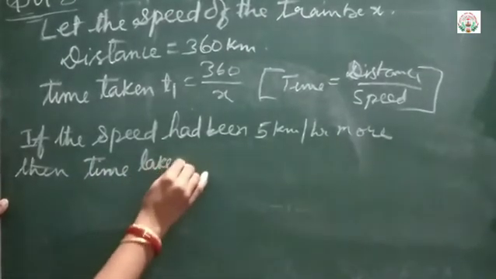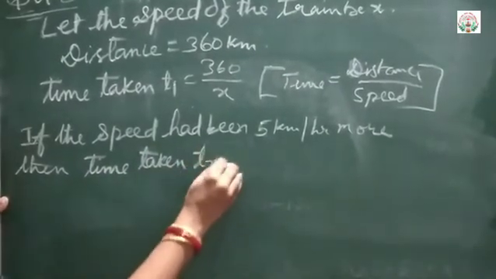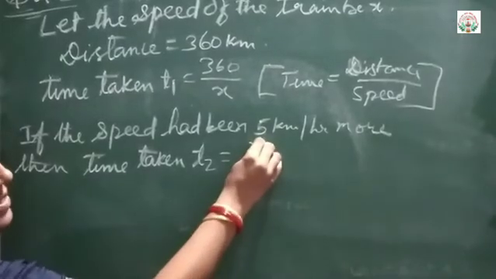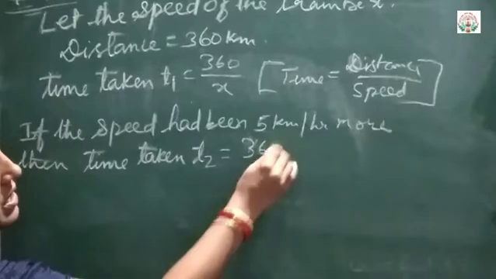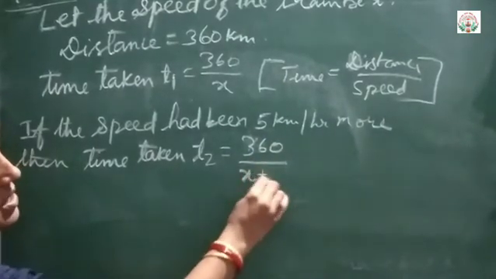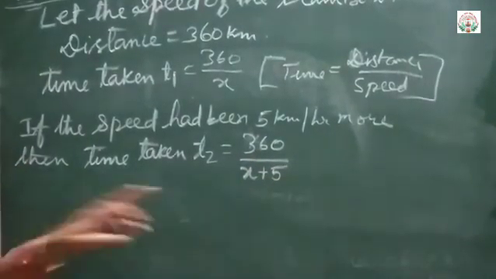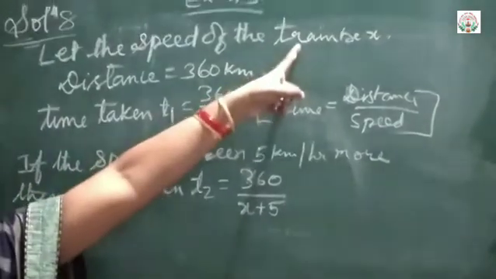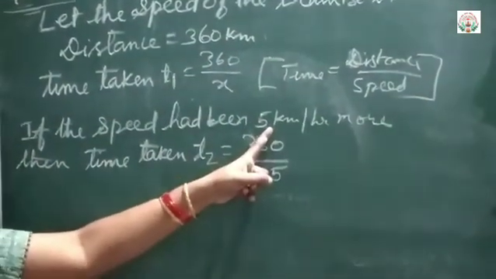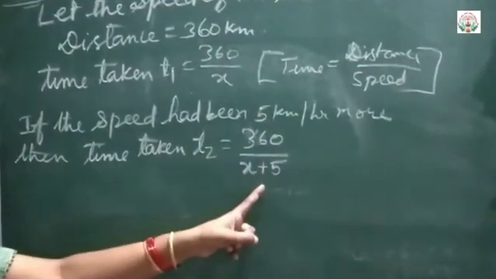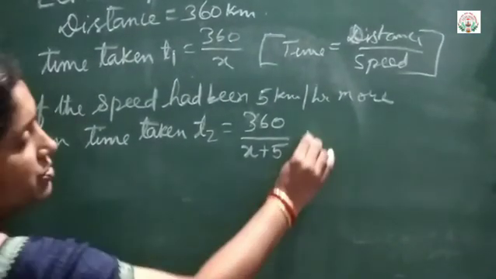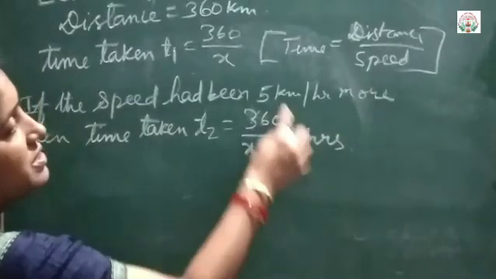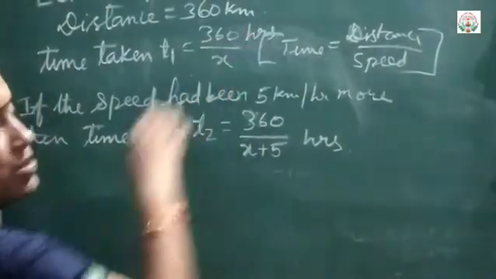Time taken T2 will be, distance is the same, 360 upon x plus 5. Because what was the speed earlier? x. But now the speed increased by 5 km per hour. So as it is time, here also it will be hours.